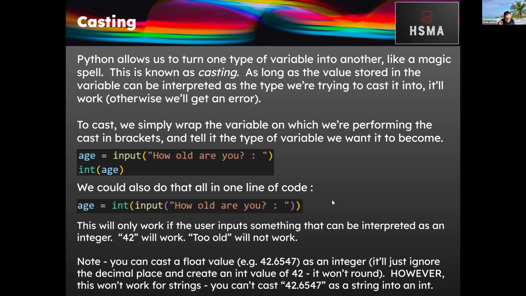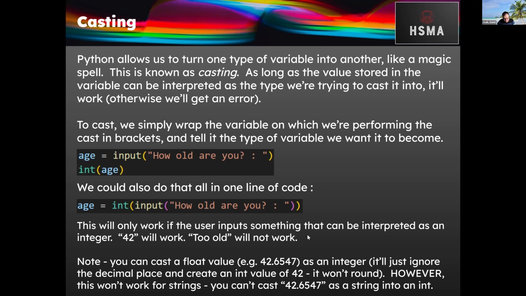Sorry, yes, I've confused myself there. If you have a float value of 42.6547, you can cast it as an integer, and it'll give you the value 42 and ignore the rounding.